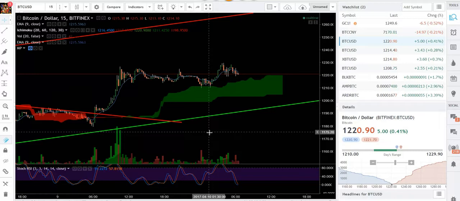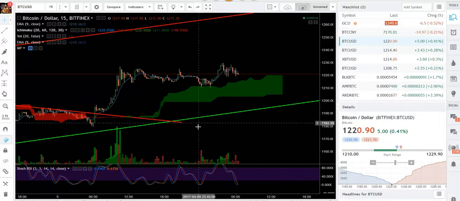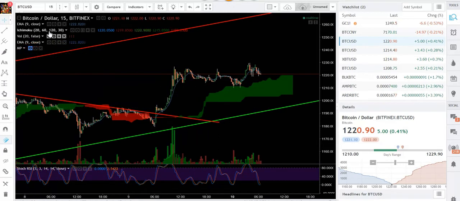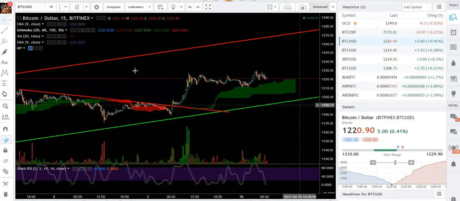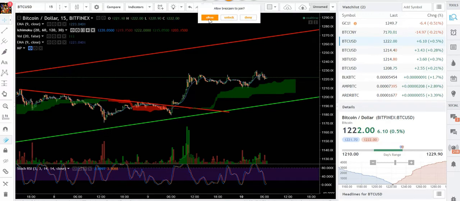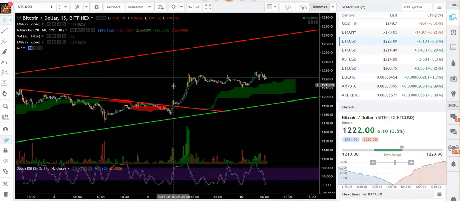So the way I use it is basically in its simplest form, just with these settings, the 20, 60, 120, 30, to give a real quick glance of support and resistance and our trend according to that.